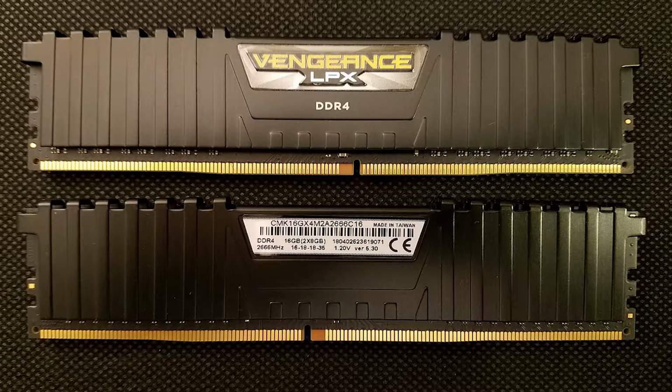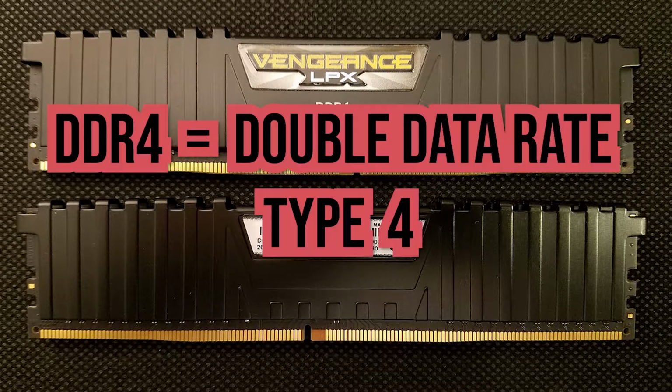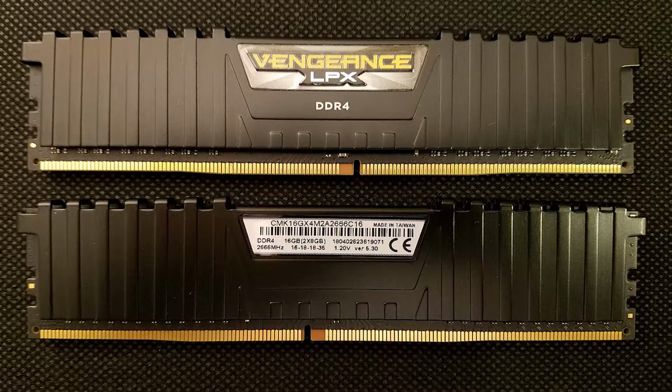DDR4 SDRAM, which is the latest RAM module available, is an abbreviation for Double Data Rate 4th Generation Synchronous Dynamic Random Access Memory. It is a type of SDRAM with a high bandwidth interface. DDR4 is designed to replace DDR3, the previous DDR standard.